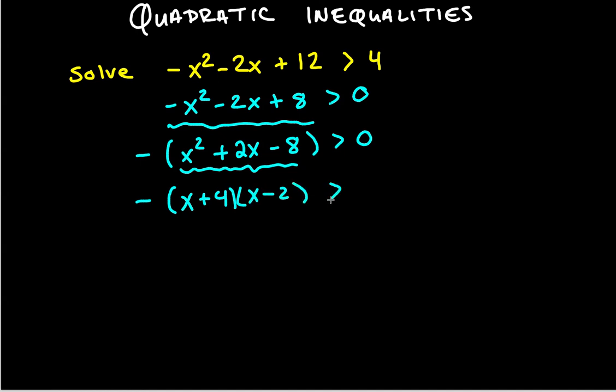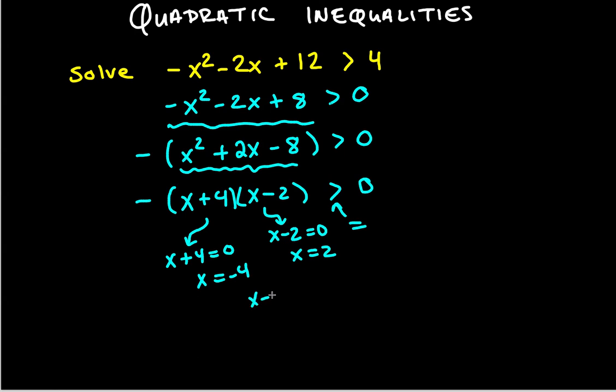Now remember, we're kind of thinking of this as equals, and we're going to solve this equation at this point. And the way we do it is we're just going to set these factors with x in them to 0 and solve. So we do that, and we get -4, and we solve, and we get 2. So these are our x-intercepts.